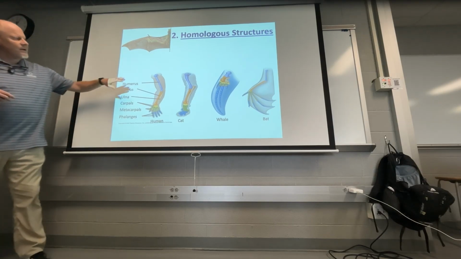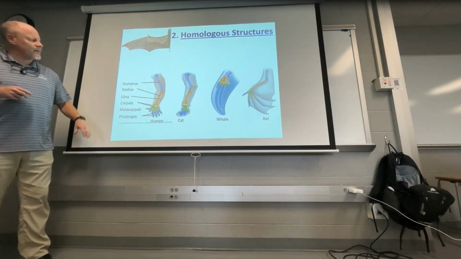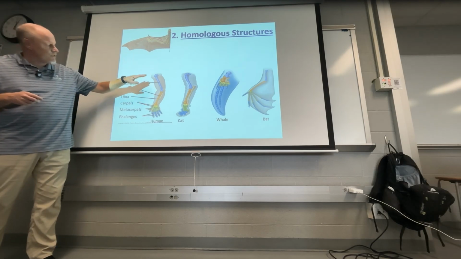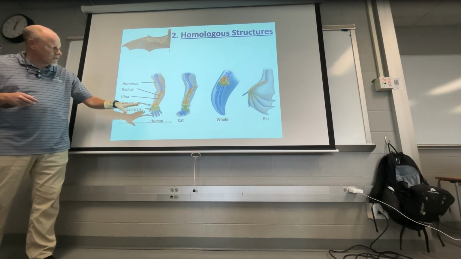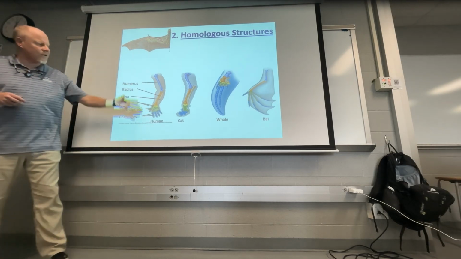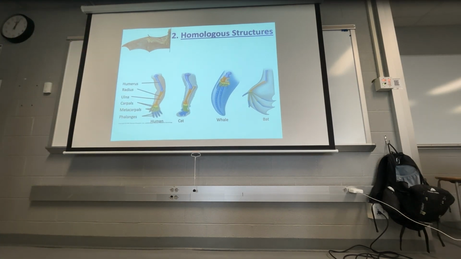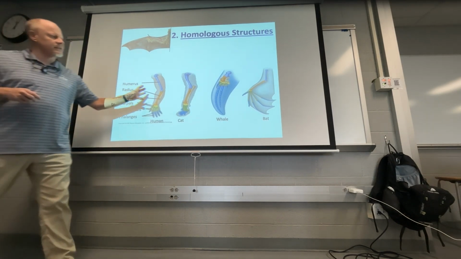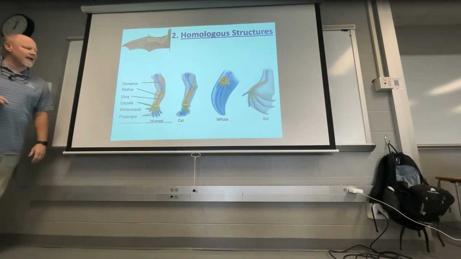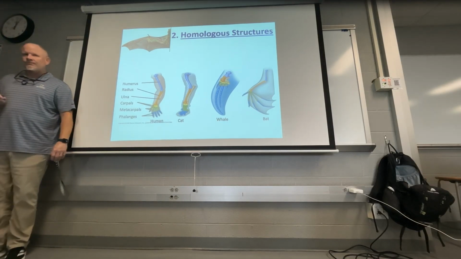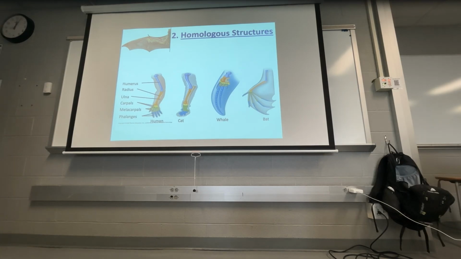What I mean by that is, if you look at, for example, the forelimb, the bone sequence, humerus, ulna, radius, carpals, metacarpals, phalanges, are all the same across multiple groups or taxa of organism. These are mammals, obviously, and they all have the same bone structure. So this is due to common ancestry, or at least shows common ancestry or unity.